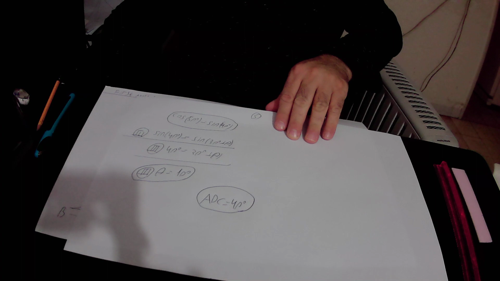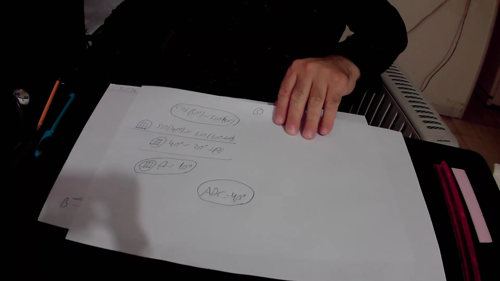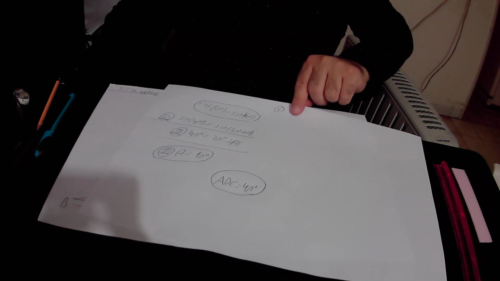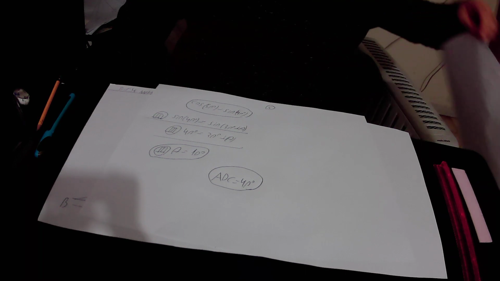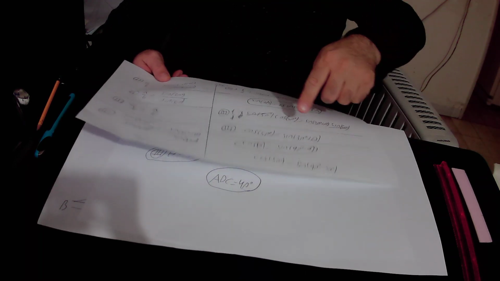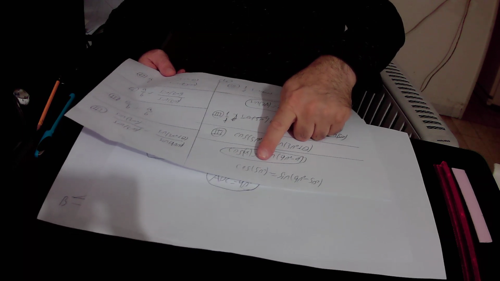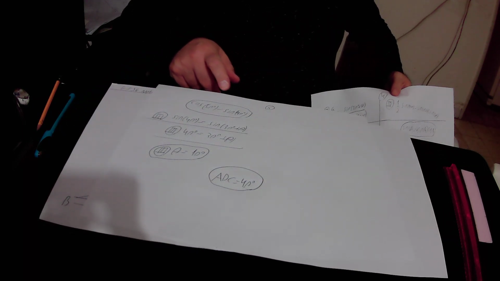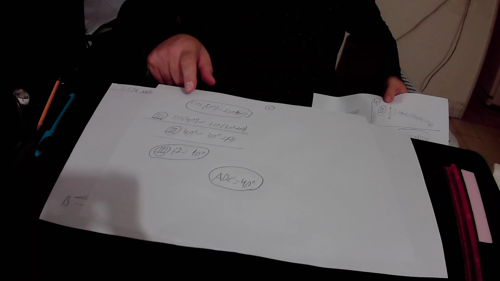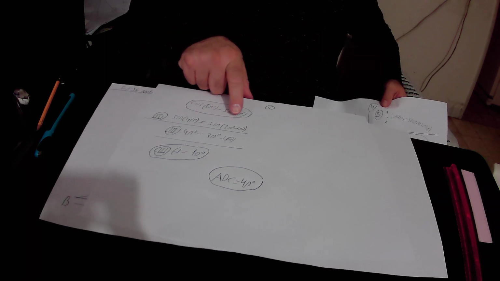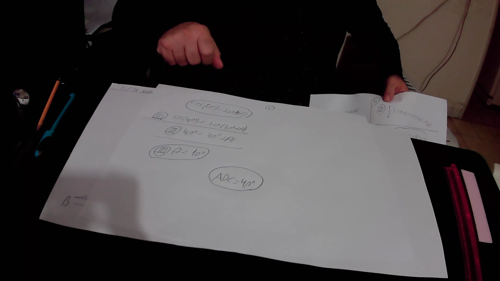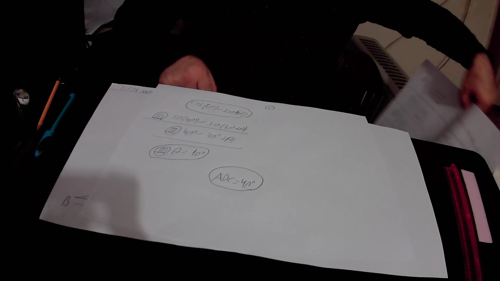So here we can substitute cosine 50 degrees by sine 40 degrees. We did it here, and we got that sine 40 degrees equals sine 30 degrees plus theta according to equation number 3.